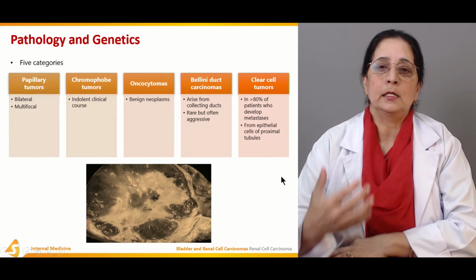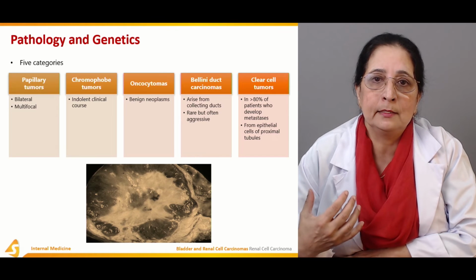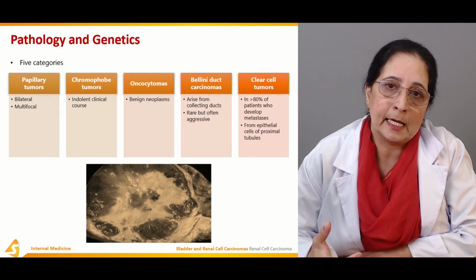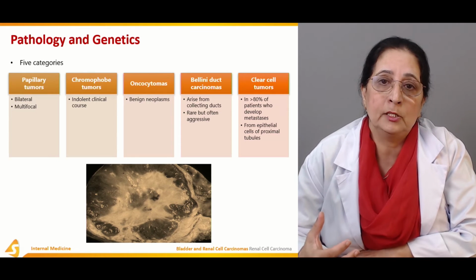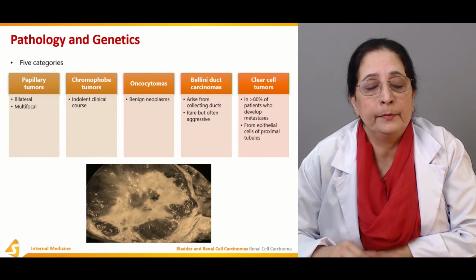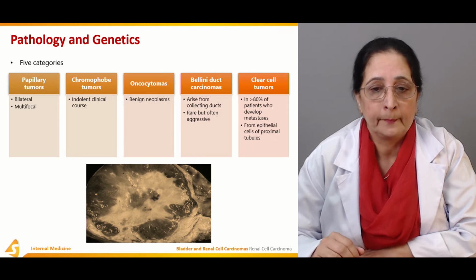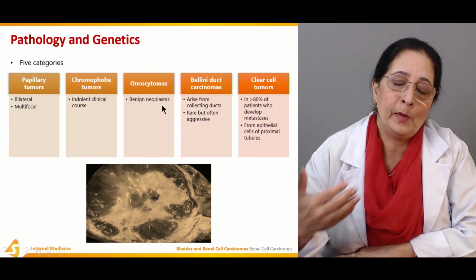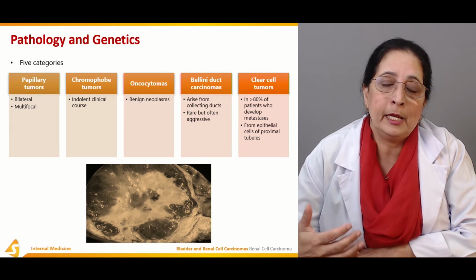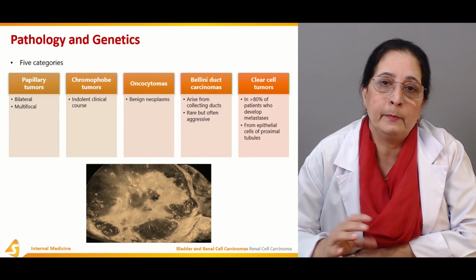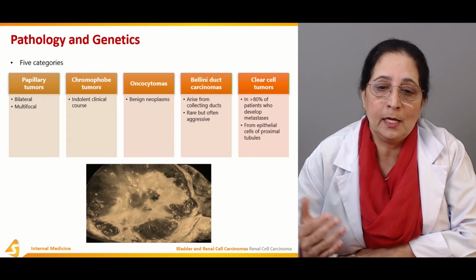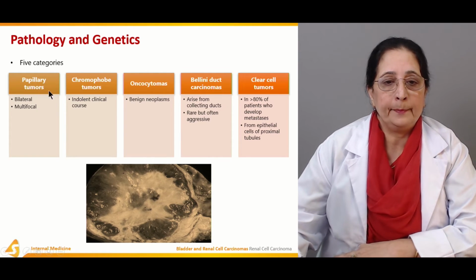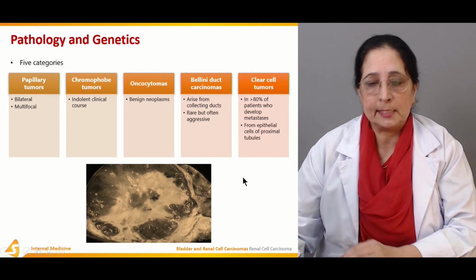So clear cell carcinoma of the kidney is very common in patients who develop metastasis, and it develops from the proximal tubules. Oncocytomas are benign neoplasms of the kidney, and as we already mentioned, 90 to 95% are malignant, so benign ones are rare, about 5%. And then we have papillary, which are bilateral and multifocal.